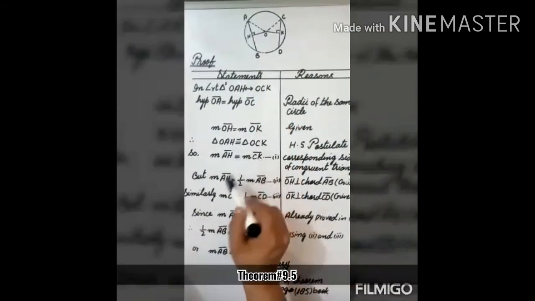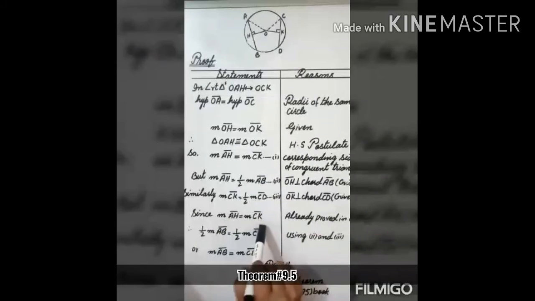Now, since measurement AH is equal to measurement CK, it is already proved in equation number 1 that these are the third sides of the right angle triangles, and after the proof of congruency we can say that measurement AH is equal to measurement CK.